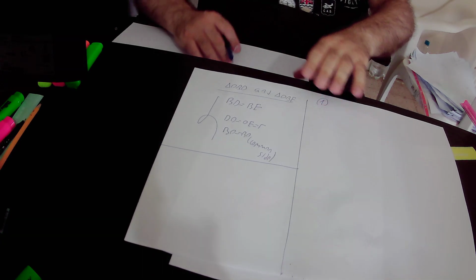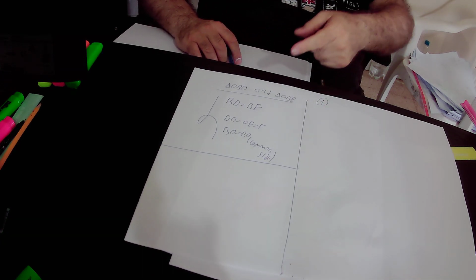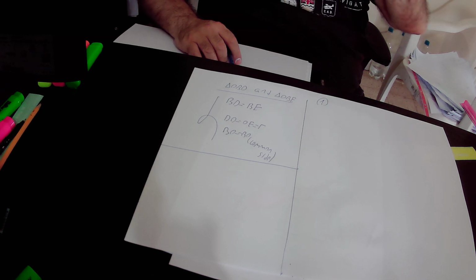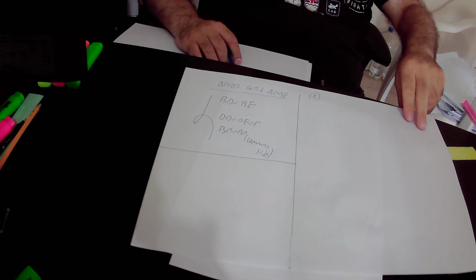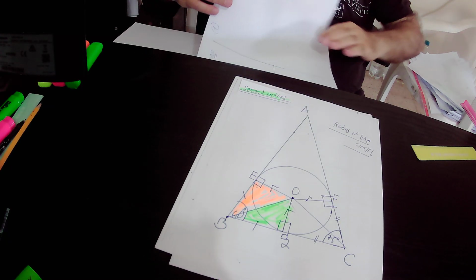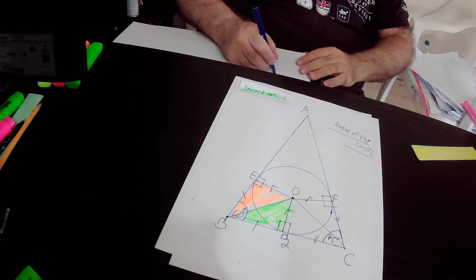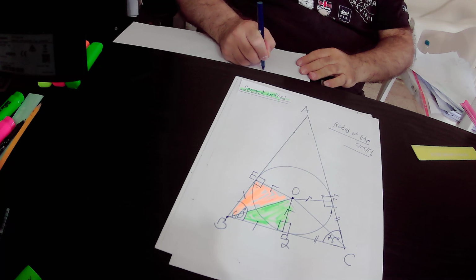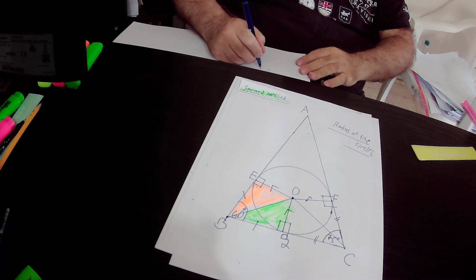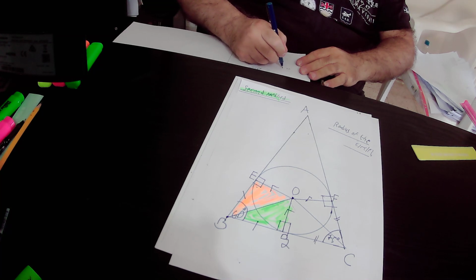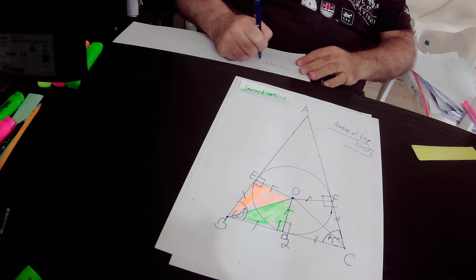In conclusion, I found out that the green triangle is congruent to the orange triangle according to side rule. So we can write down that the green triangle OBD is congruent to the orange triangle OBE according to side rule.